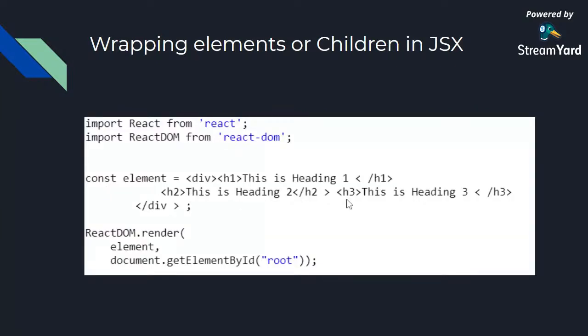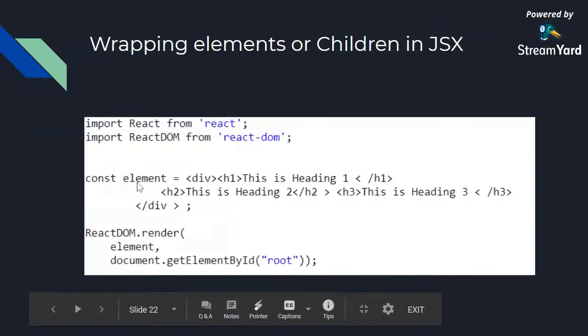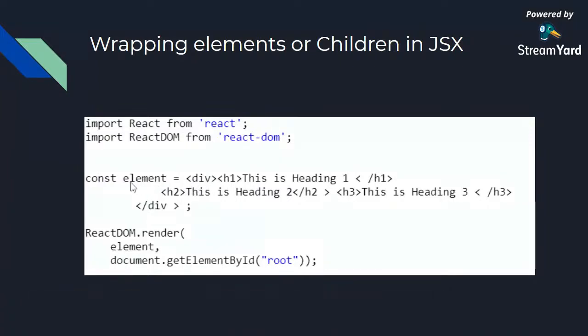As you can see in this example, this is a constant element. We are giving a div to this element, and inside that one div we have three h tags. We cannot have three h tags directly in an element, so we need to wrap these header tags in one particular div.